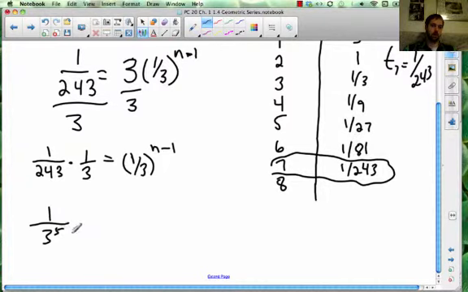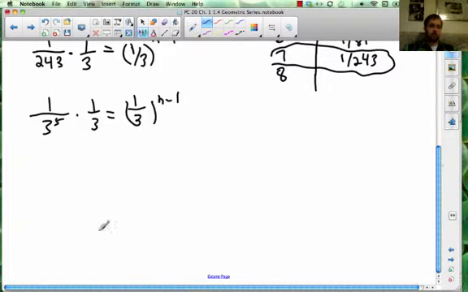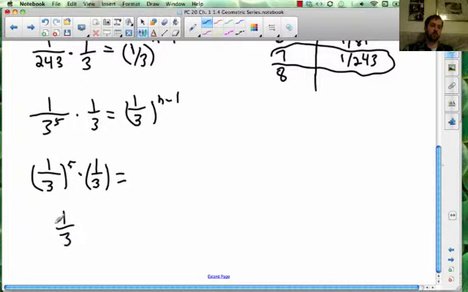So 3 to the power of 5, and then times 1/3 equals 1/3 to the n minus 1. Now, this is 1 over 3 to the power of 5, but we're multiplying it by 1/3 again. So really on the left side we have 1 over 3 to the power of 6 equals 1 over 3 to the power of n minus 1.